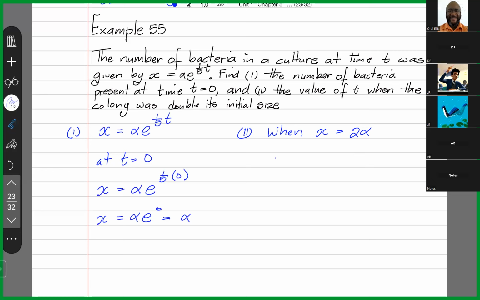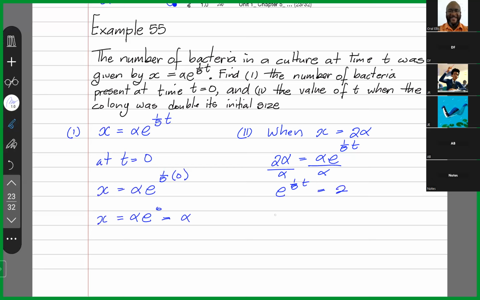So we have 2 alpha is equal to alpha e to the 1/5 t. Now, if I divide both sides by alpha, I'm going to get e to the 1/5 t is equal to 2.